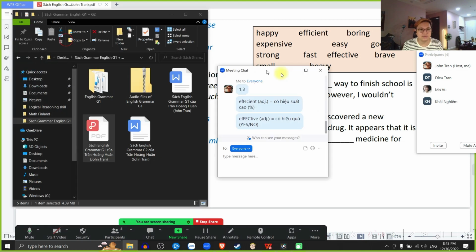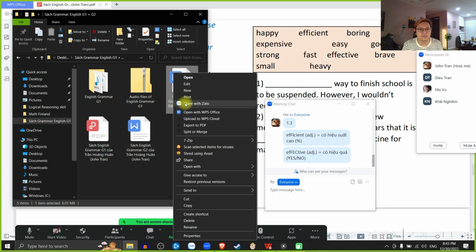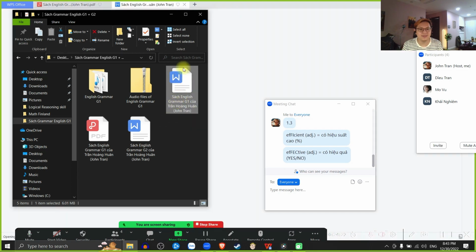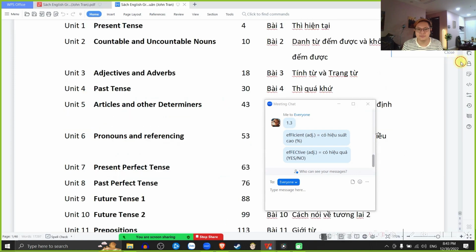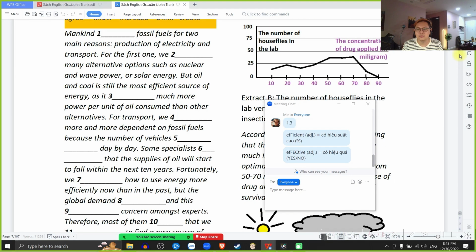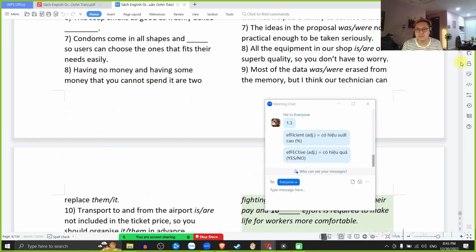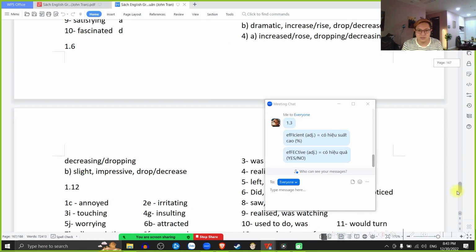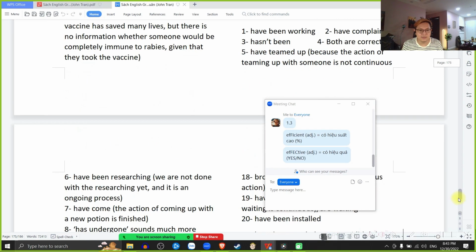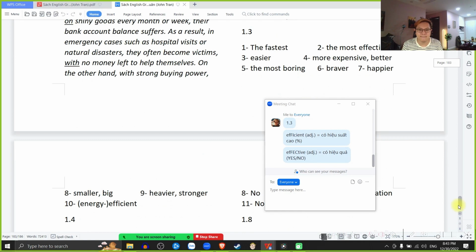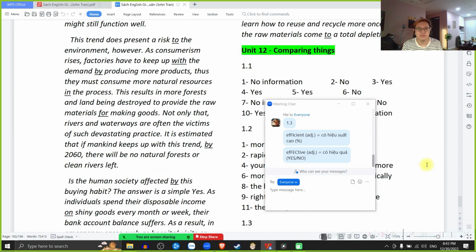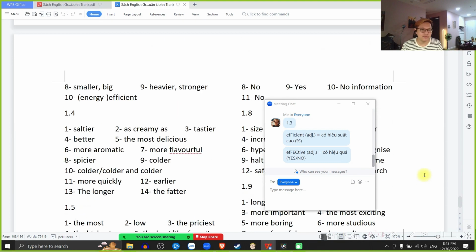Okay, so let me just open it. Funny how I forgot to open things. I always forget to open things now. This is the last unit. Okay, so 1.4, right?